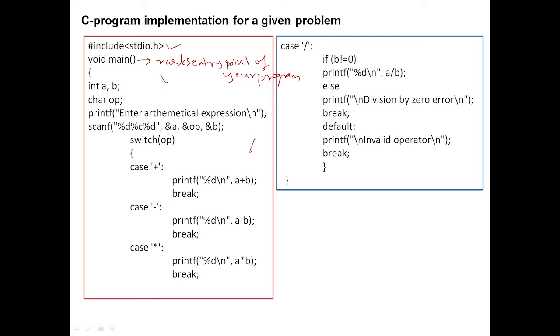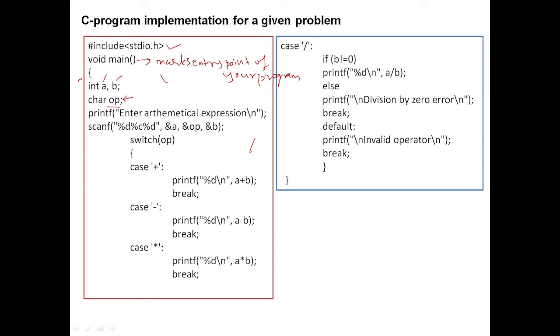As I said, in arithmetic expressions, how many operators will be there? One operator and two operands will be there. Therefore, we declare a variable for the first value, a variable for the second value, and one more variable for storing the operator.